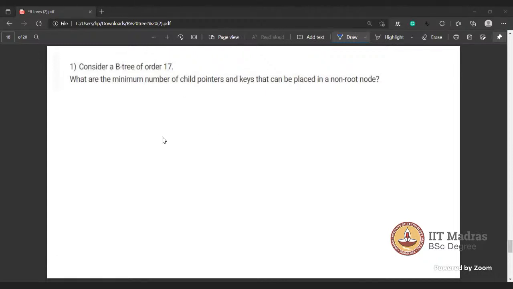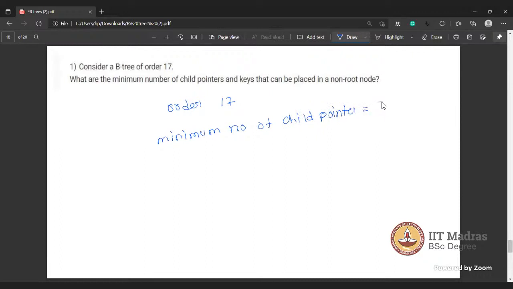Hello, am I audible? Sir, for the minimum number of child pointers, I did ceiling of order 17 by 2. So minimum number of child pointers equals 17 by 2, which is 9.